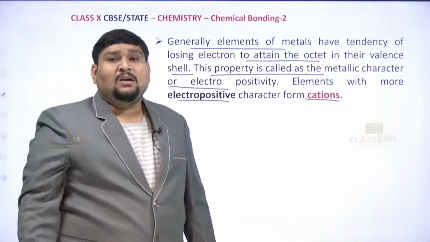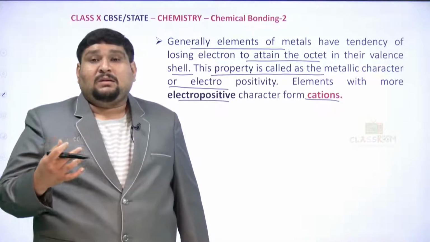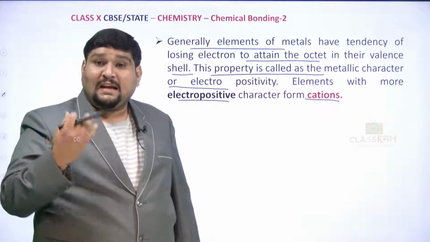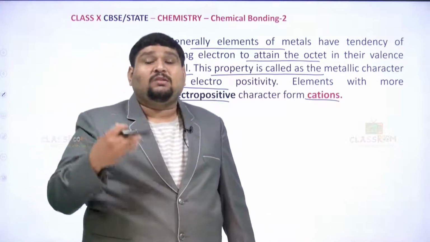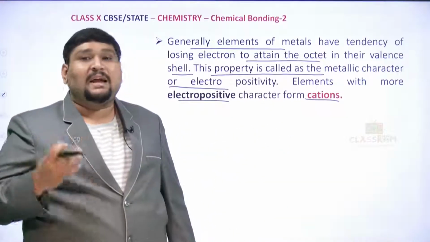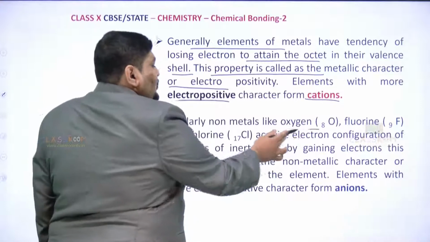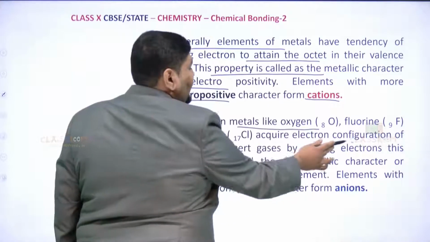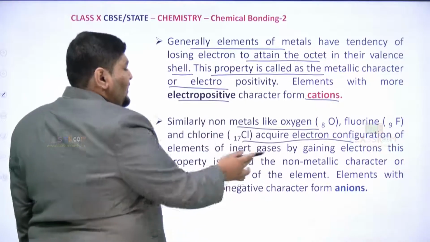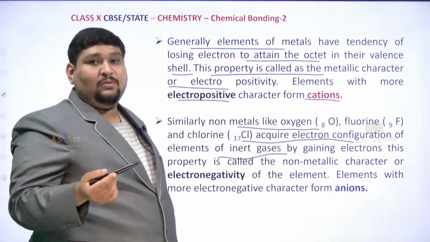Elements with more electropositive character can form cations here. And non-metals like oxygen, fluorine and chlorine acquire the electron configuration of inert gases by gaining electrons, as we know.